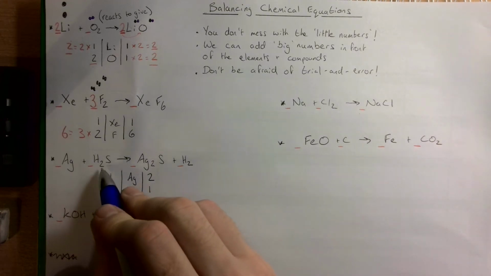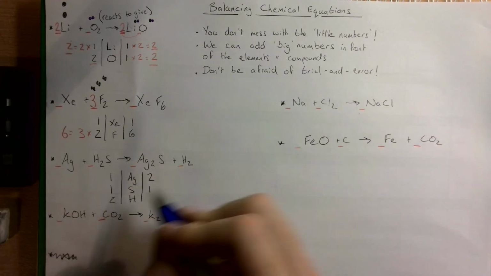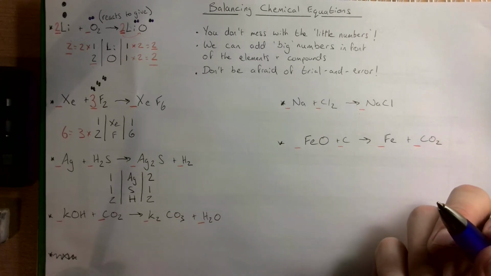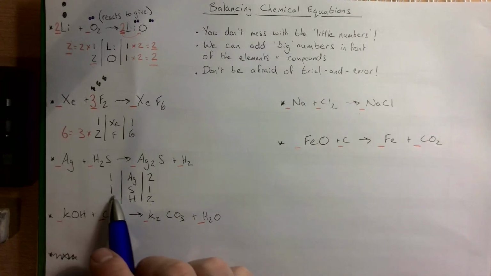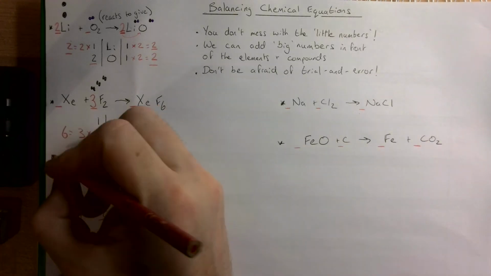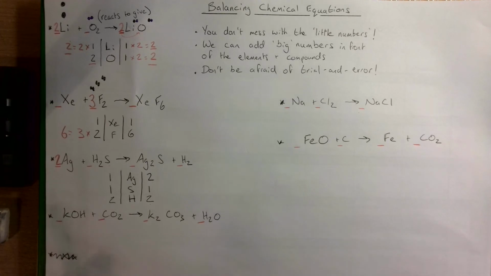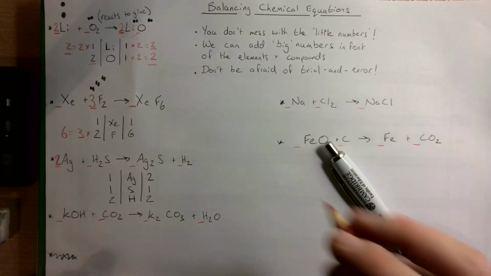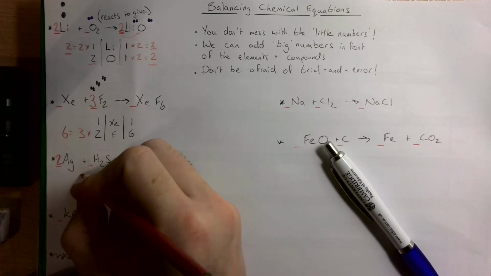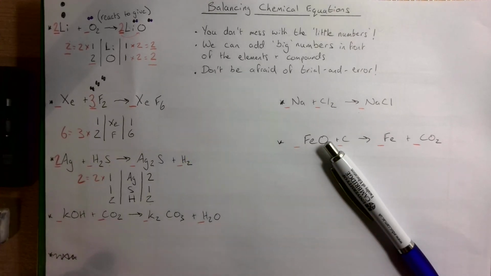On the left we've got 2 hydrogen, and on the right we've got 2 hydrogen. Okay, so hydrogen's balanced, sulfur's balanced, only the silver doesn't, so very simply we are going to pop in 2 silver. So 2 of those, now we're perfectly balanced.